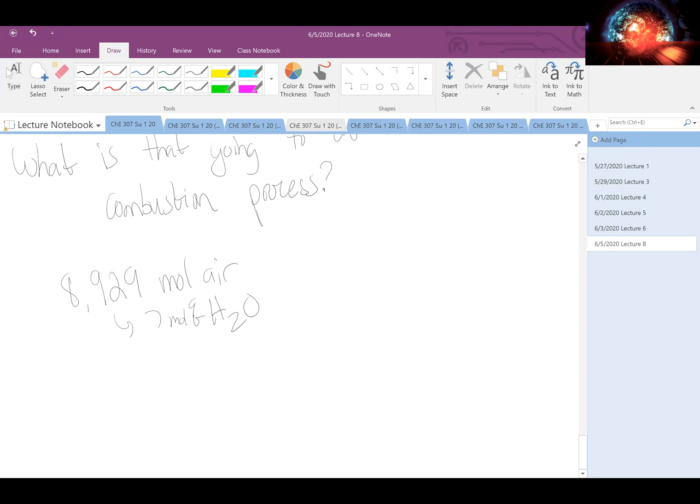Meaning, if 7% is water, that means 93 mole percent is the dry air. Meaning the amount of nitrogen falls to 73.5 mole percent, and the oxygen falls to 19.5%.